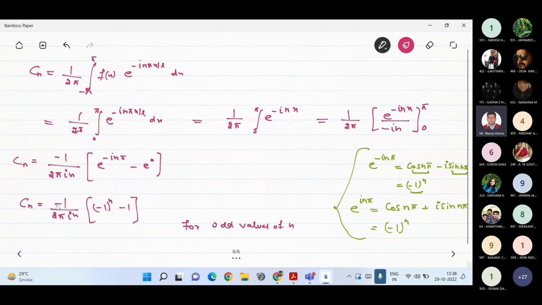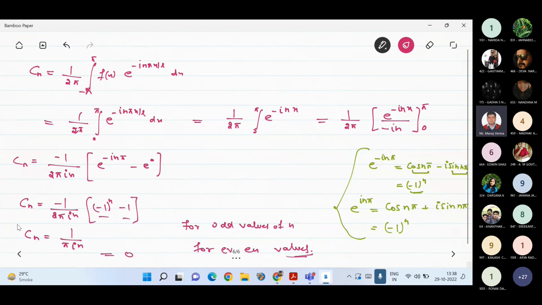If I rearrange, taking minus 2 outside, Cn will become 1 over pi iota n for odd values, and for even values it will become 0, because this bracket will give me 0.